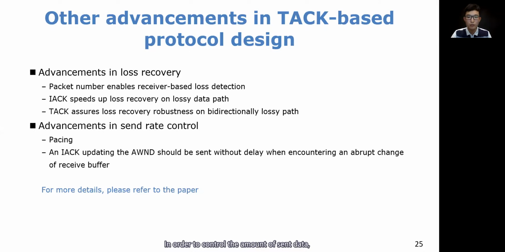In order to control the amount of sent data, TACK-based congestion control should integrate with pacing instead of the burst send pattern. Also, an IACK updating the announcement window should be sent without delay when the receive buffer runs out. For more details, please refer to the paper.